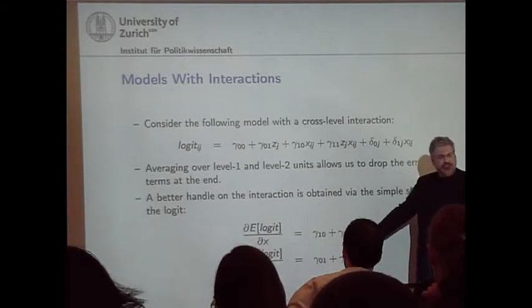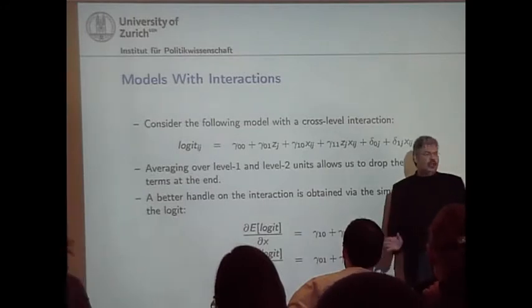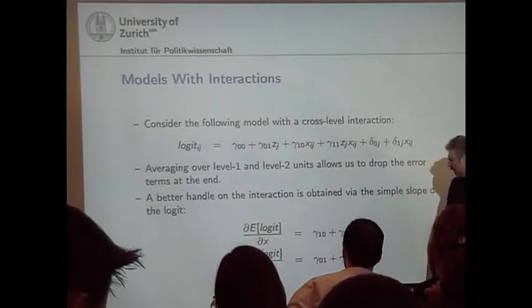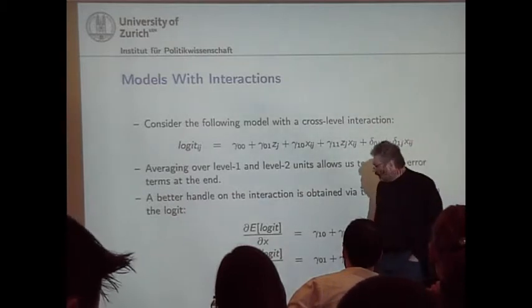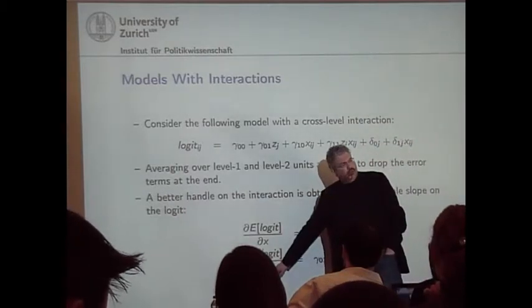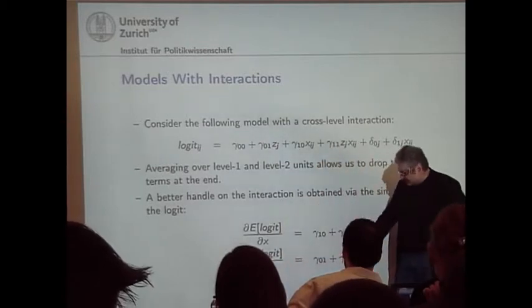This is what changes the effect of X on the expected logit. You could do, of course, the same with respect to the level 2 covariate. That's what I've depicted here in the model.